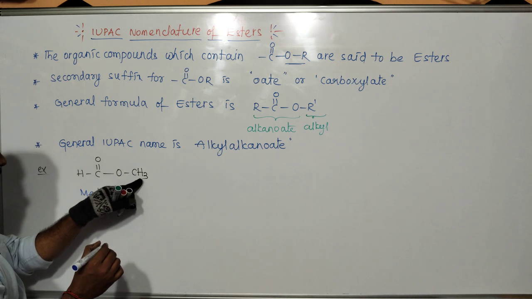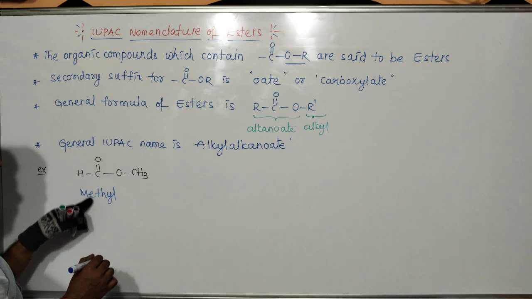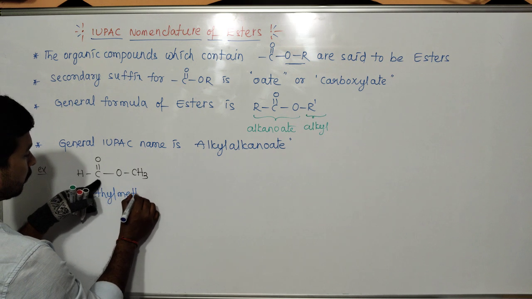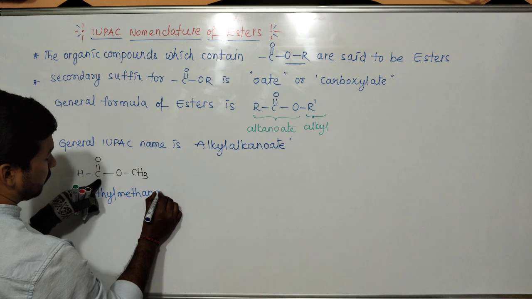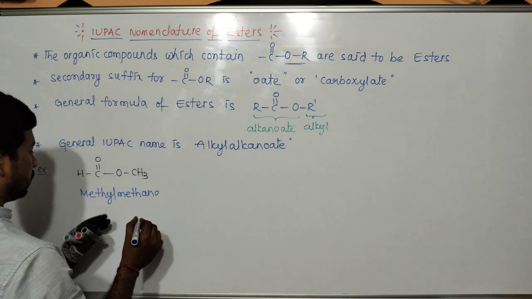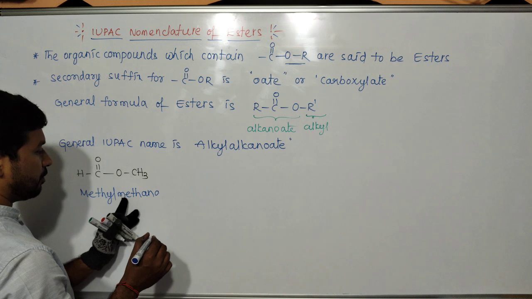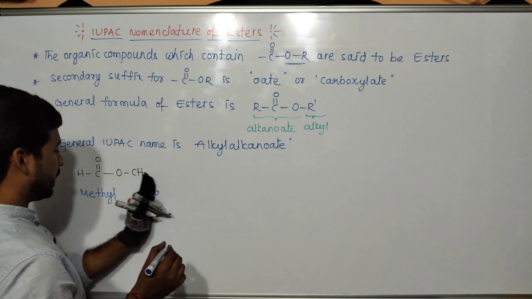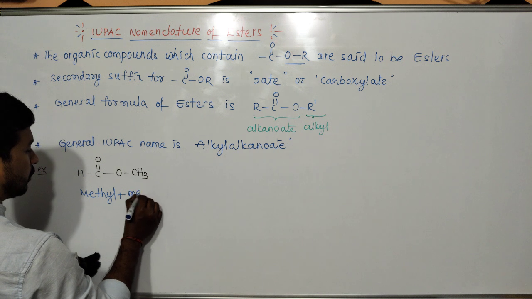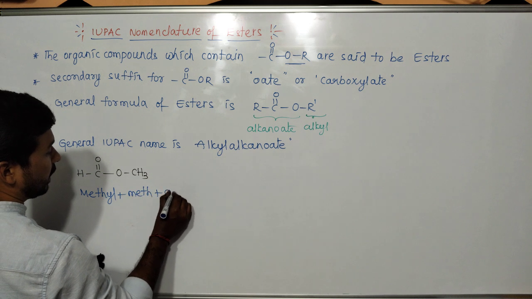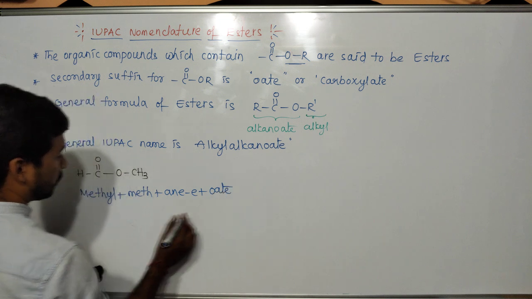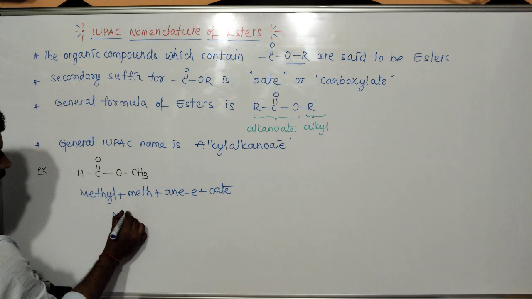Then the root word, only one carbon atom, so methane, oate. So methyl plus root word meth, primary suffix ane, remove e and add oate. So total, methyl methanoate.